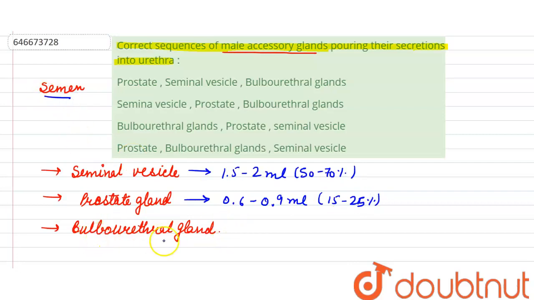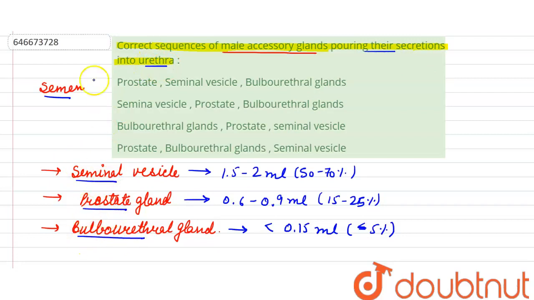And the third, that is bulbourethral gland, they secrete less than 0.15 milliliter, which is approximately less than or equal to 5%. So we can say that the correct sequence of these glands in order of their pouring their secretions into urethra will be seminal vesicle, prostate gland, and bulbourethral gland.